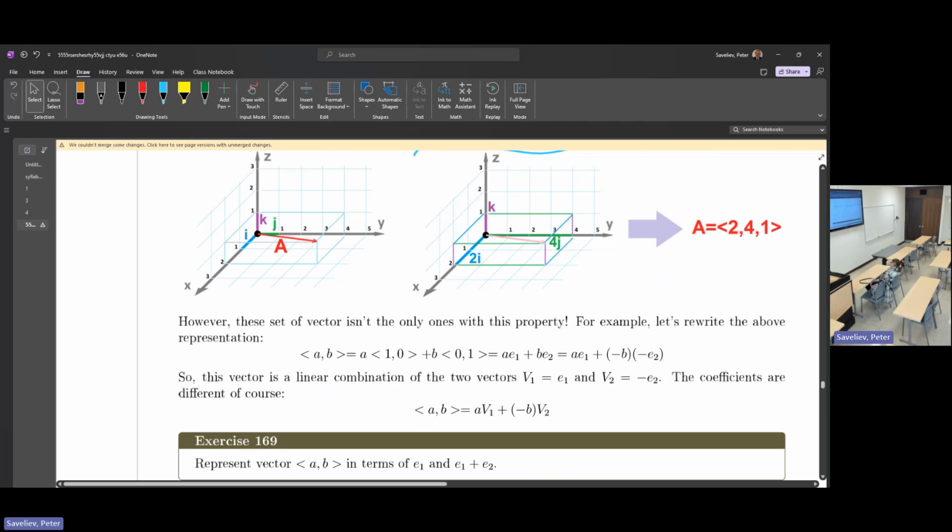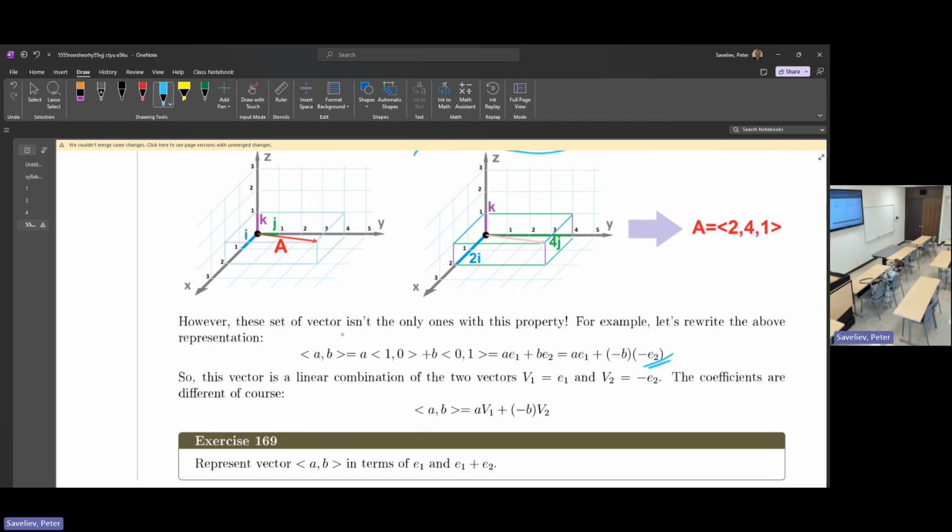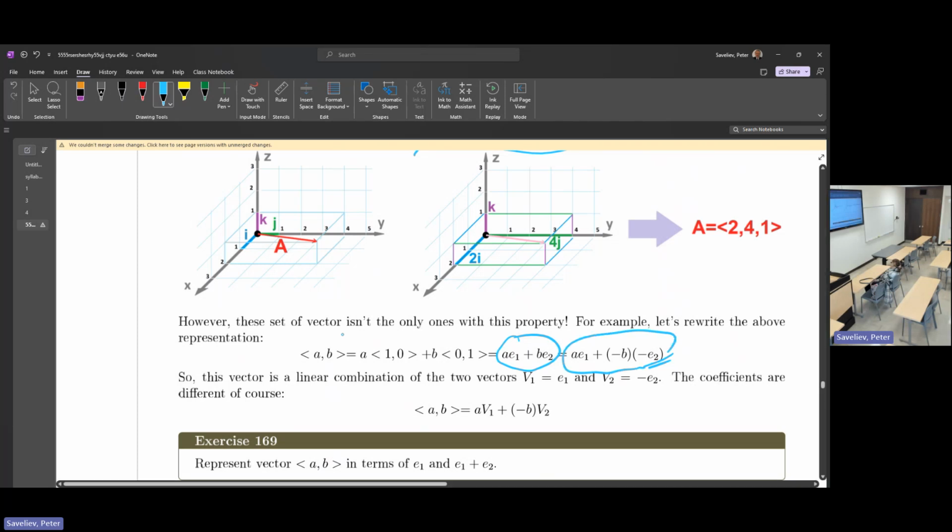Okay, so that's an example of how it works out here. As you can see, I replaced E2 with negative E2. What effect does it have on the vector? The original one is simply A E1 plus B E2. But I can also redo it this way.